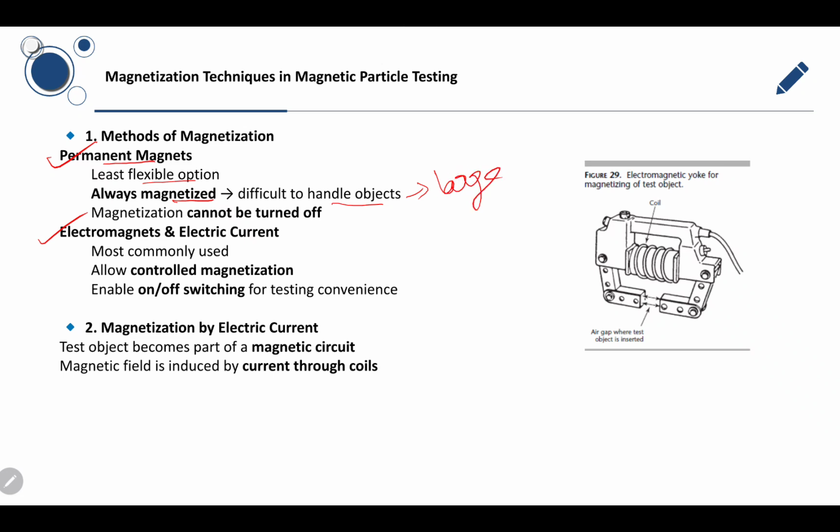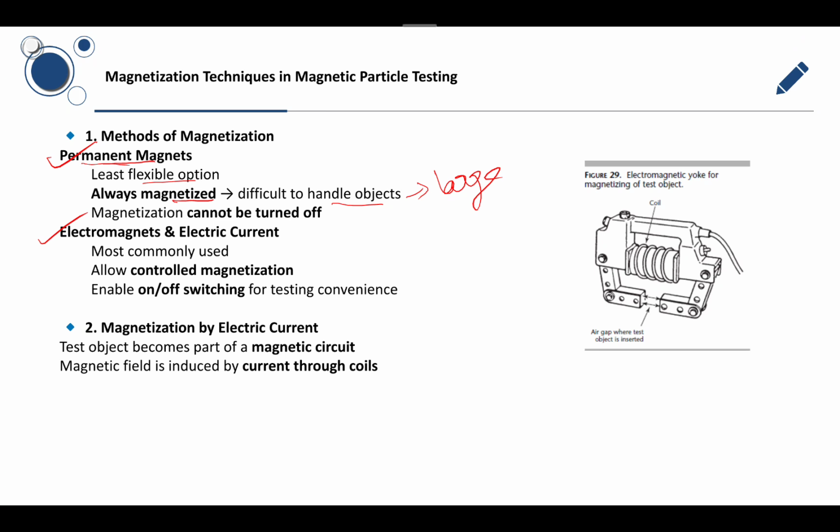Crucially, magnetization cannot be turned off once applied. This constant magnetic field can sometimes interfere with other inspection steps or make it challenging to remove residual magnetism. These are the permanent magnets.